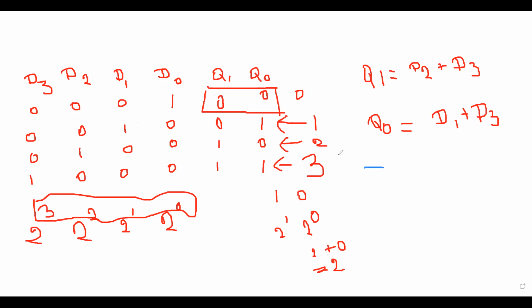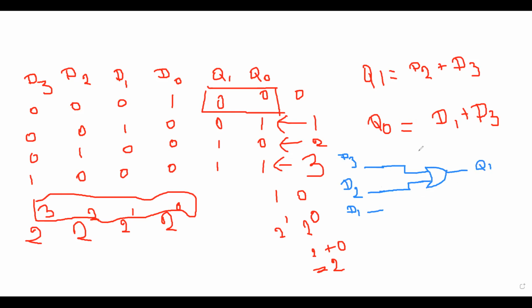So, here first, I'll take D3 and second D2 and third D1. So this is the OR gate. For Q1, I can add those D2 and D3. This is Q1.